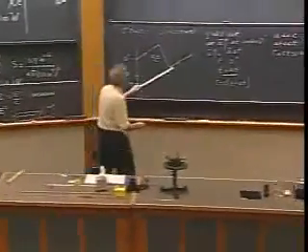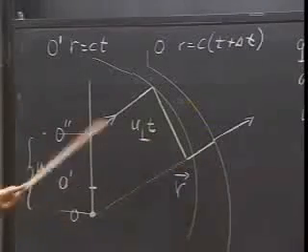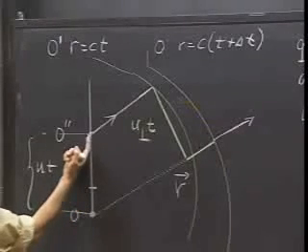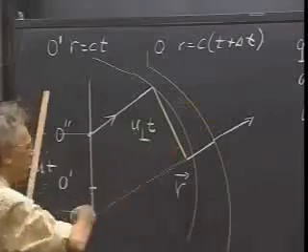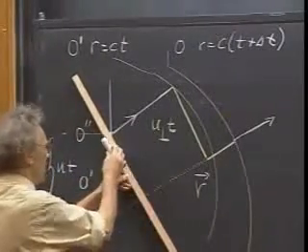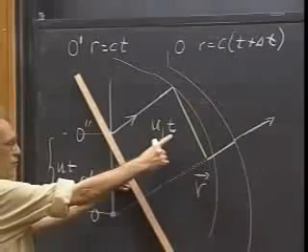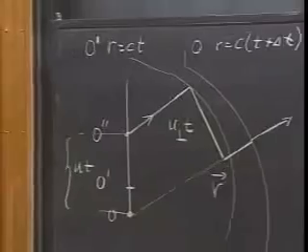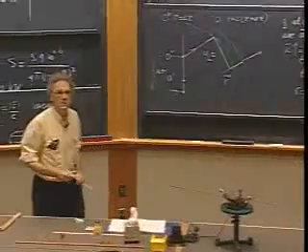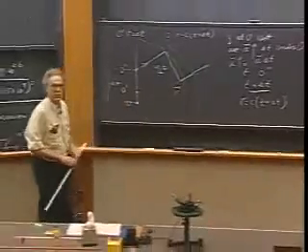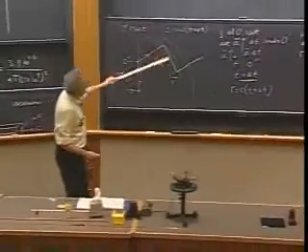Let me first go to u perpendicular t. There is here a velocity vector u, and the component perpendicular to r is a component in this direction. It's cruised for t seconds, so this length is u perpendicular t, to a very good approximation, forgetting about this little, teeny-weeny distance.